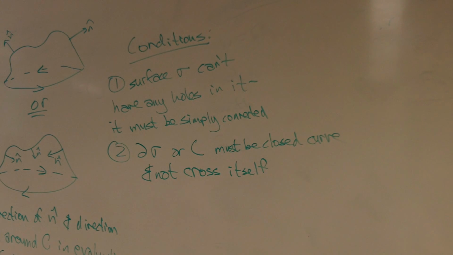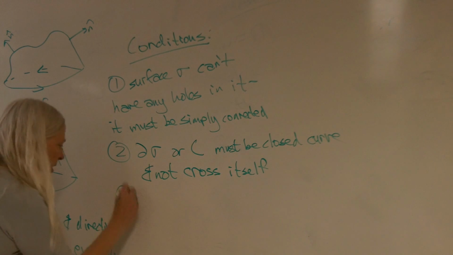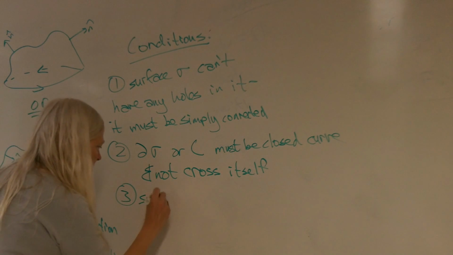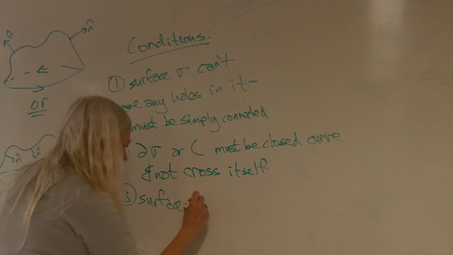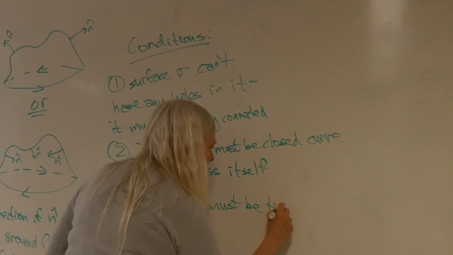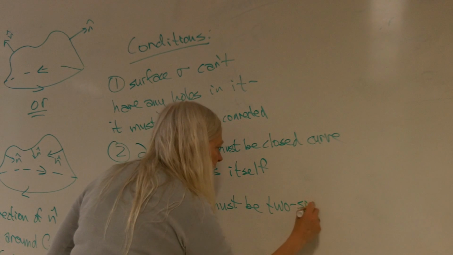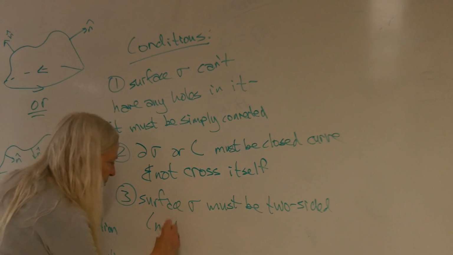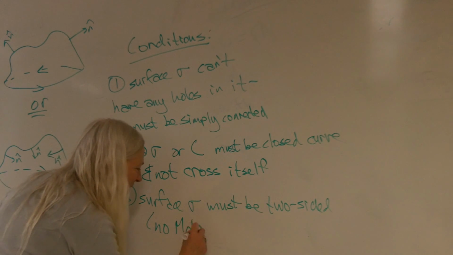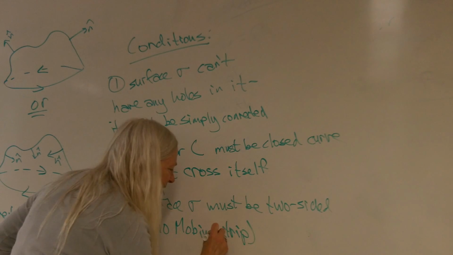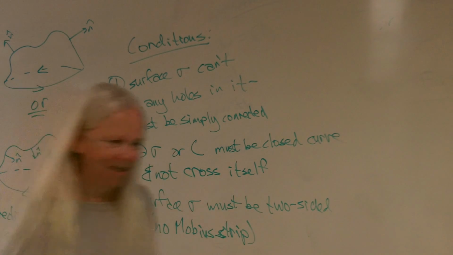Okay? And the third condition here is that our surface sigma must be two-sided. In other words, it can't be a Mobius strip. Everybody know what that is? Okay.